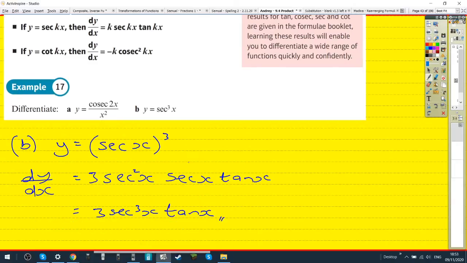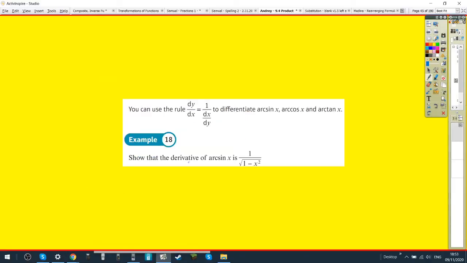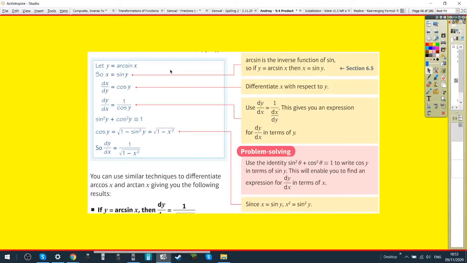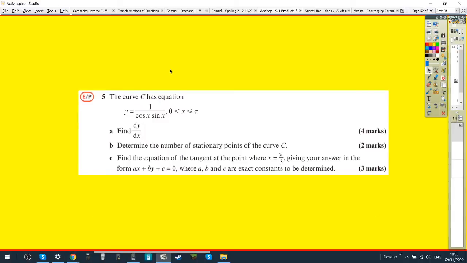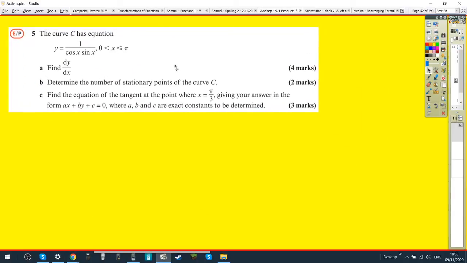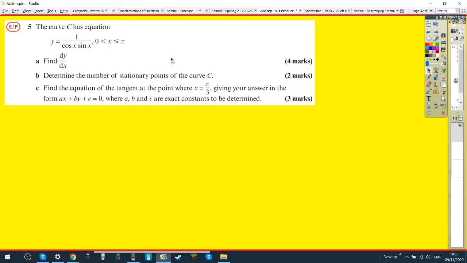No. No. Okay. Oh my days. Yeah, these ones. Hang on. Before we do that. Holy moly, there's a million of these things. Find dy dx, number of stationary points. Massive questions. That's kind of different from what we were doing.